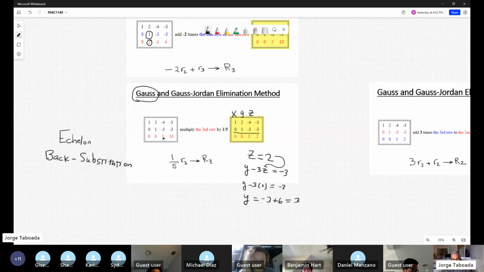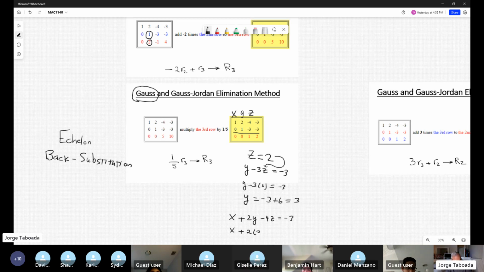And finally, X. Remember, you have 3 components, no? Because our point solution is in 3-dimension context. Entonces we have 3 components, X, Y, and Z. In order to find the X, easy. You copy X plus 2Y minus 4Z equal minus 3. Okay. Entonces now, I know very well que Z es 2 and Y es 3. Entonces X plus 2 times 3 minus 4 times 2 should be negative 3.